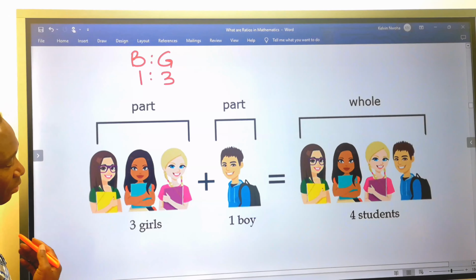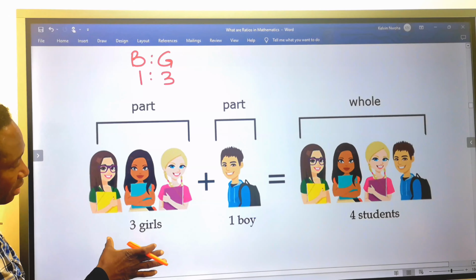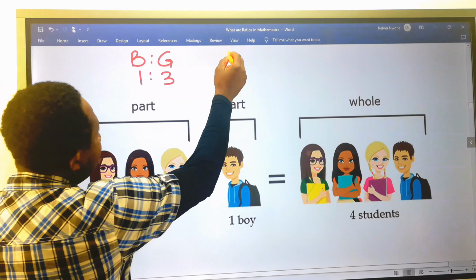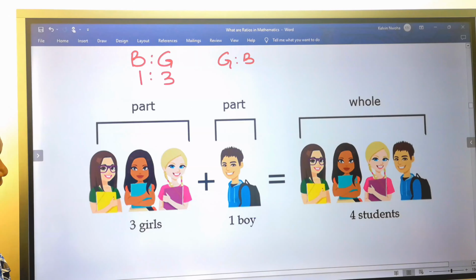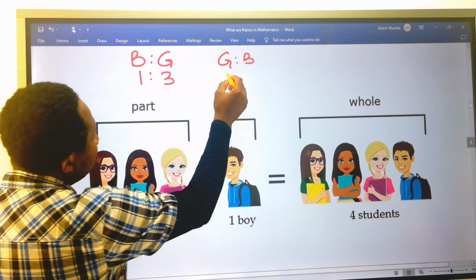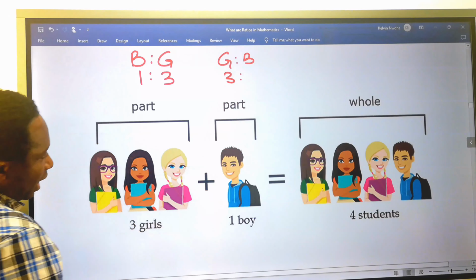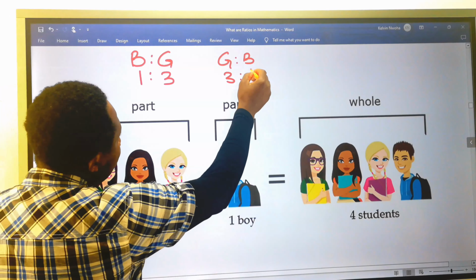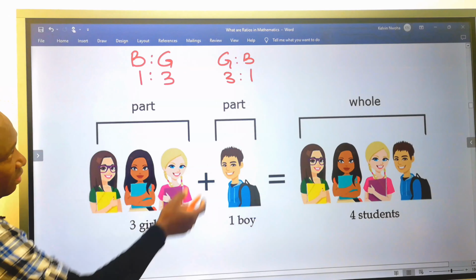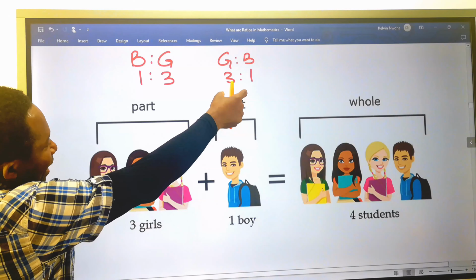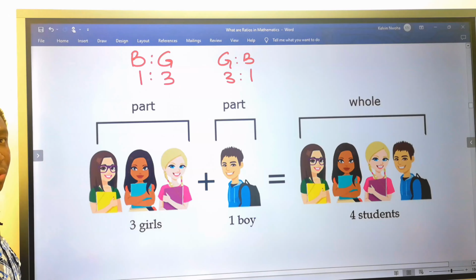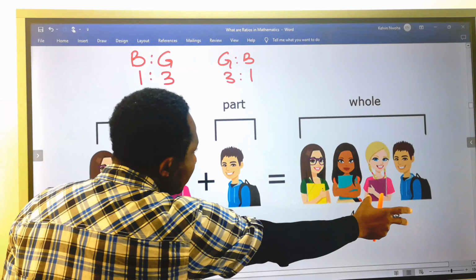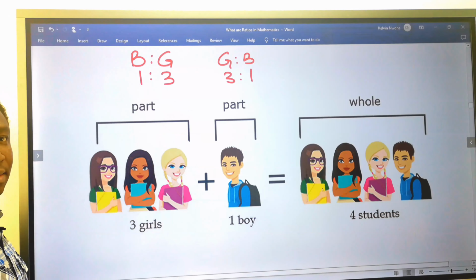And if I'm considering only the girls, which is the girls to the boys, here I have 3 girls, and here I got only 1 boy. This is part to part ratio, and this is part to part ratio. I have not considered the entire class.